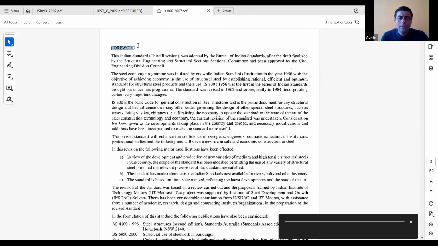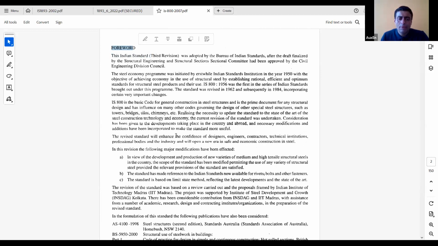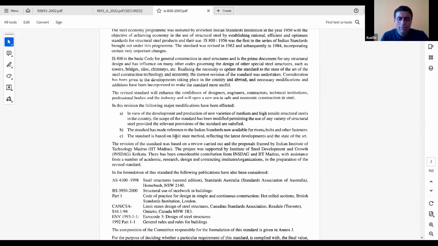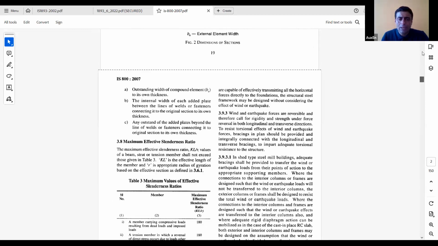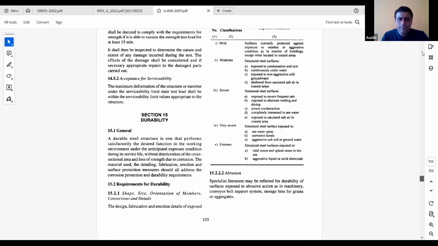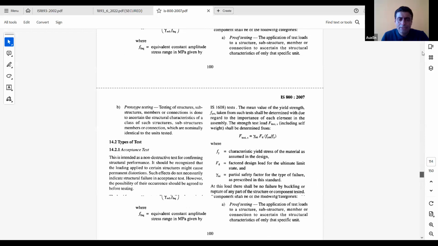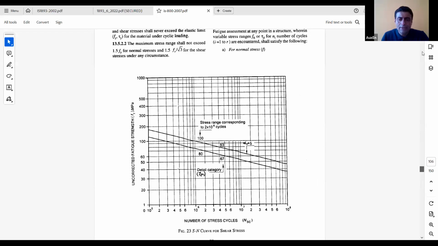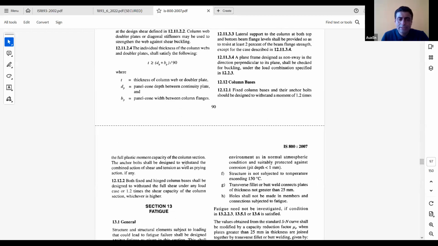It gives you an idea of the background behind the development of the code. Here they have not written it, but section 12, which dealt with the seismic design principles for steel structures, was added for the first time. So this is section 12.